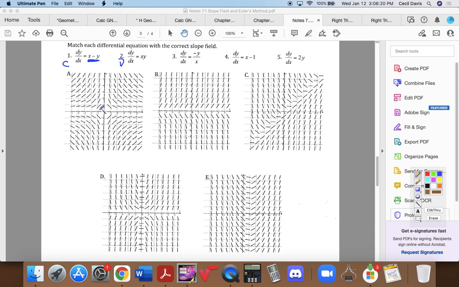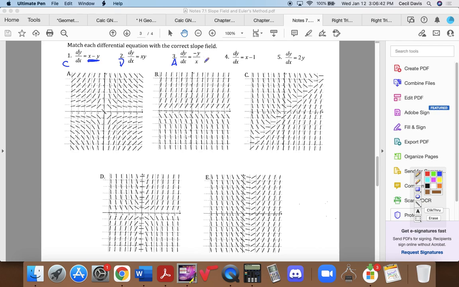The slopes should be 0. And along the y-axis, they should be pretty much vertical. Yep. Now, here's the other thing we can look at on that. In the first quadrant, notice all the slopes are negative. In the first quadrant, x and y are both positive. Does that match this? Yes.